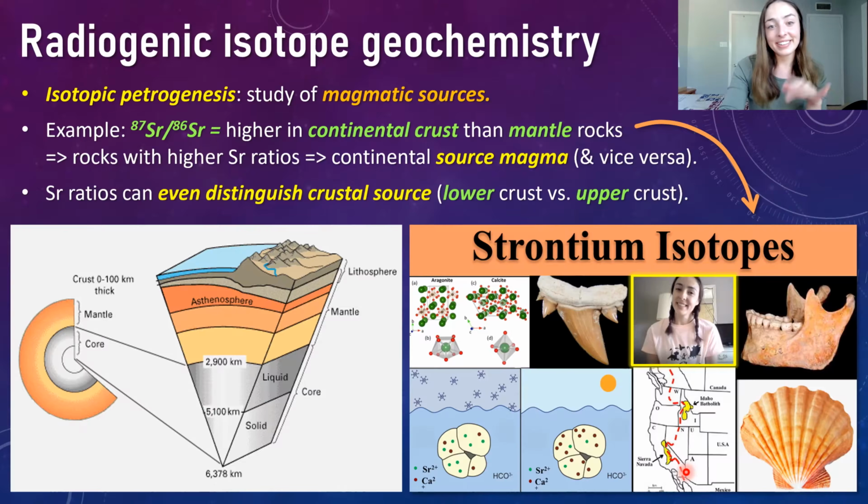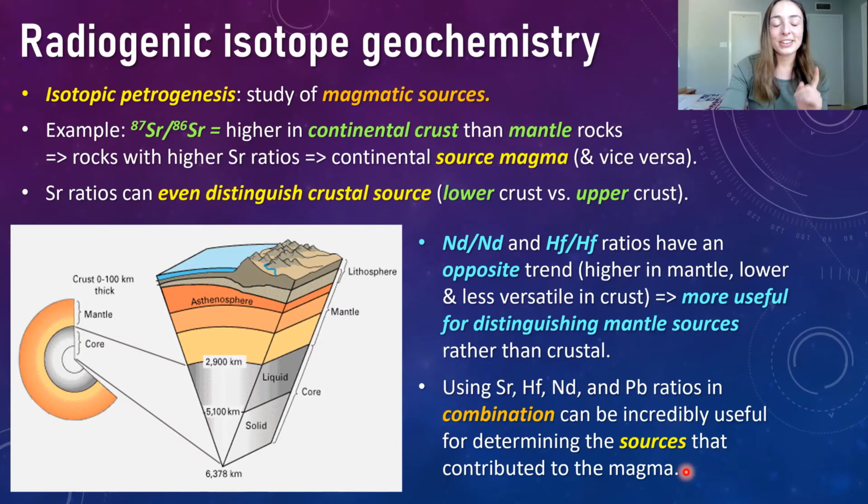Regarding the other isotopes I mentioned for understanding magmatic sources, we can also use neodymium and hafnium ratios, and these isotopic ratios have an opposite trend to that of strontium, meaning that instead of being higher in continental crust and lower in mantle, they are higher in the mantle and lower and less variable in the crust. What does this mean? It just means that they're more useful for distinguishing between mantle sources than they are for crustal sources.